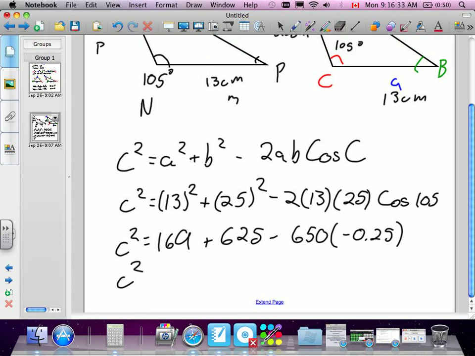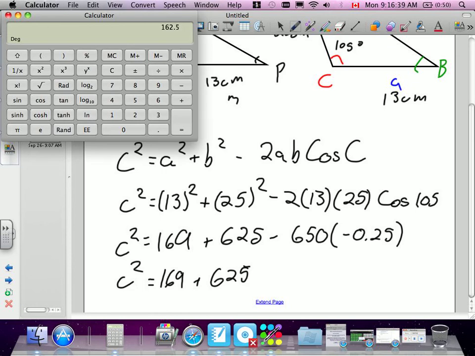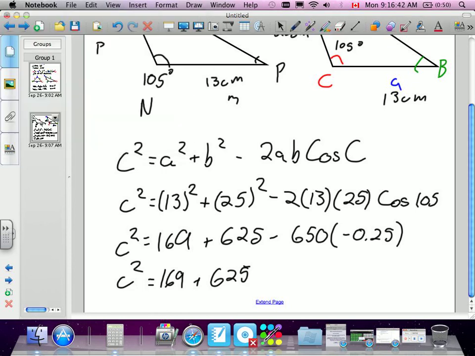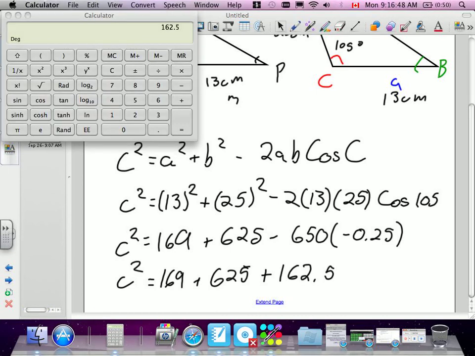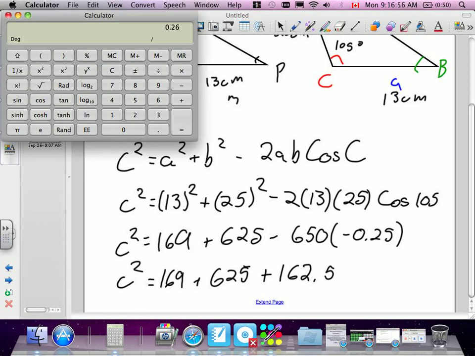So I have C squared is equal to 169 plus 625. And this is positive 162.5, so plus 162.5. Then just have to add all of these up together. So that 162.5 plus 625.